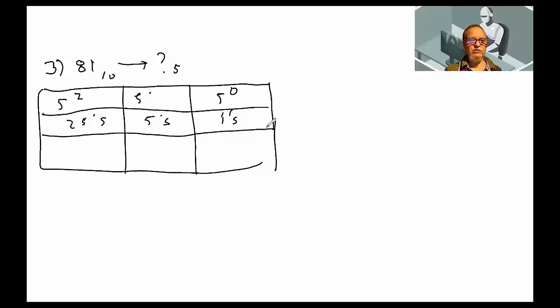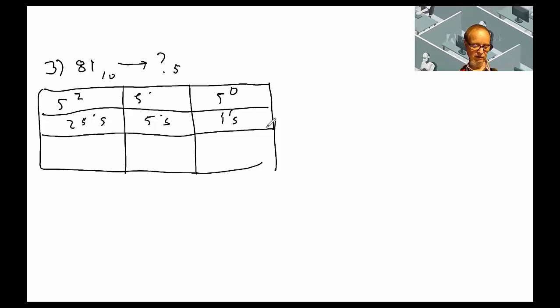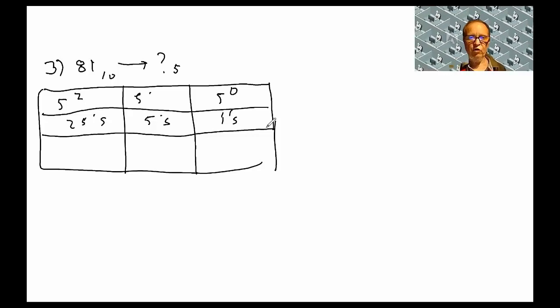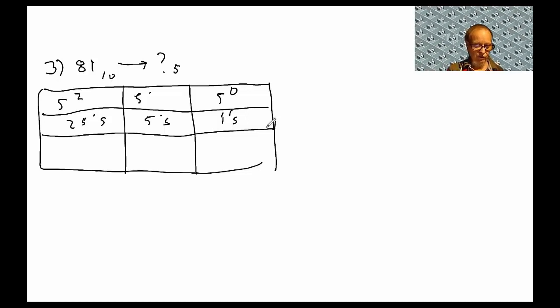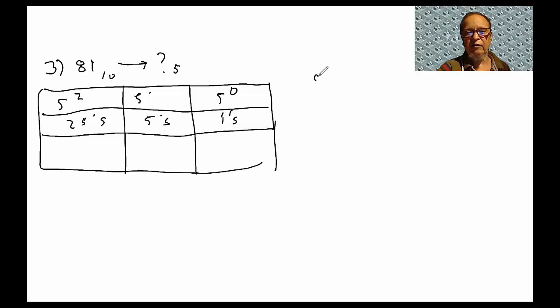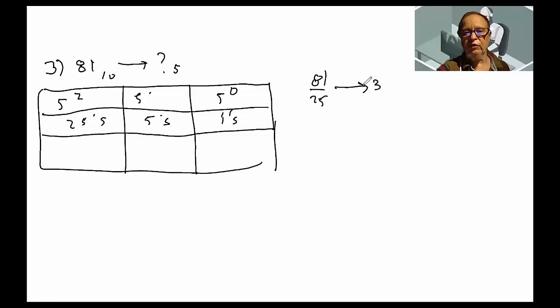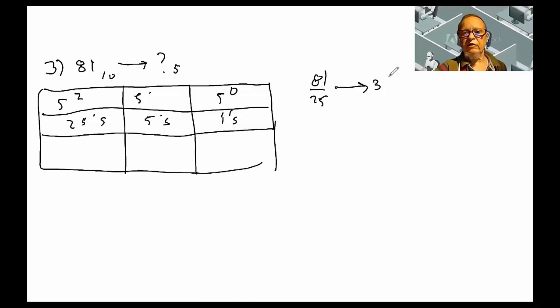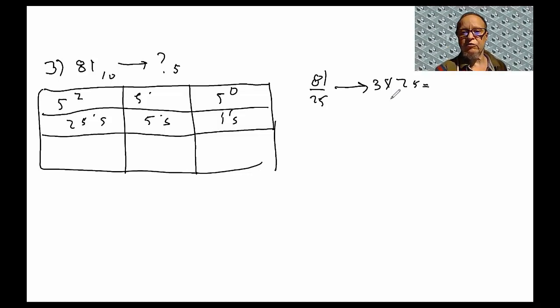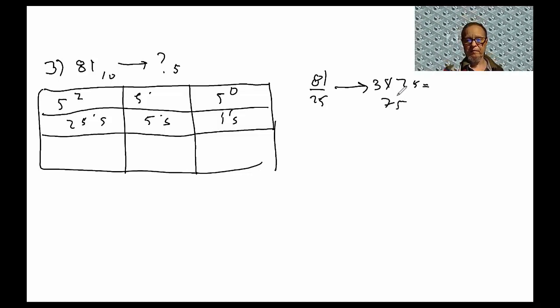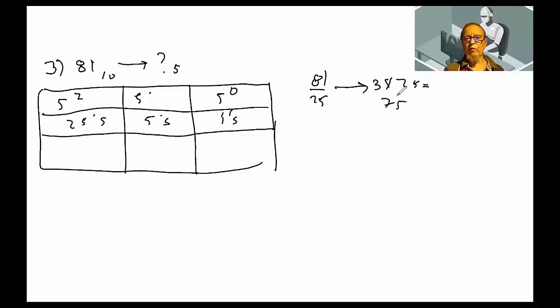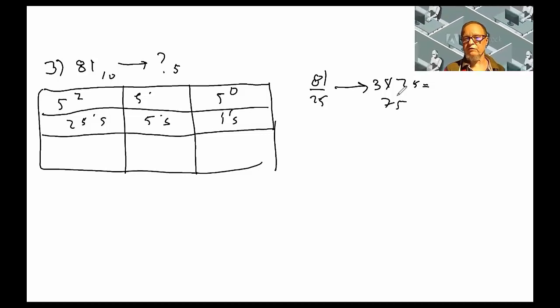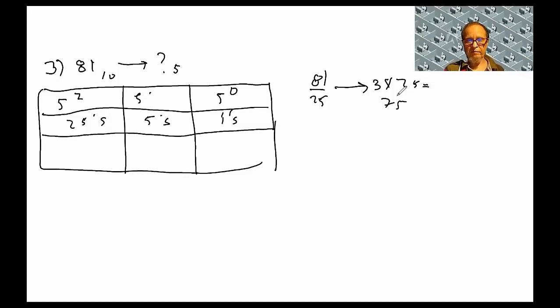Now we have to ask ourselves how many 25s go into 81 without going over it. So we say to ourselves 81 divided by 25. Well, that can go in 3 times. And 3 times 25 is equal to 75. Now, if I add another 25 to that, I will end up with 100, because 4 times 25 is 100, and that's too high.